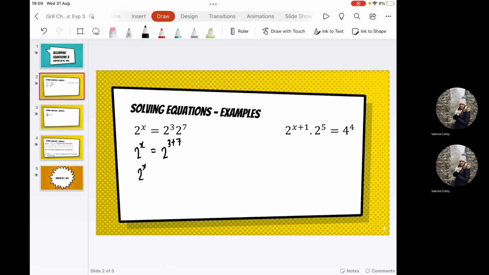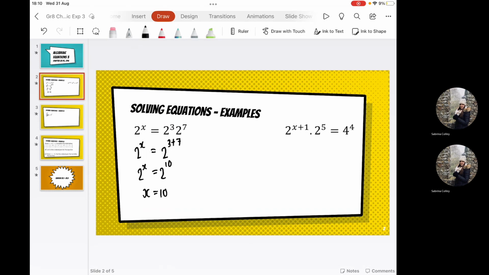So 2 to the power of x is equal to 2 to the power of 10. Now, since my bases are the same, I can drop the bases and just work with my exponents. So x is equal to 10. Very important, the bases have to be the same here.